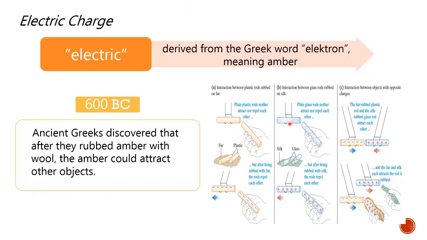In the second part, we have glass rods rubbed on silk. At first, there is no interaction. They neither attract nor repel each other, but when they are rubbed with silk, they repel each other.